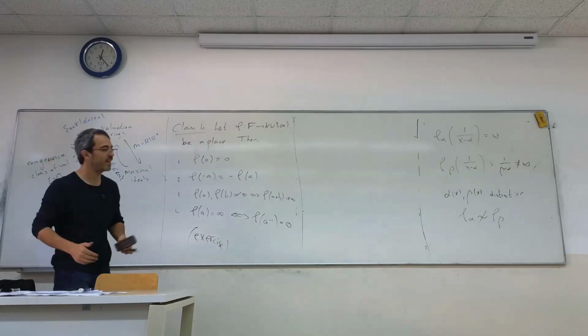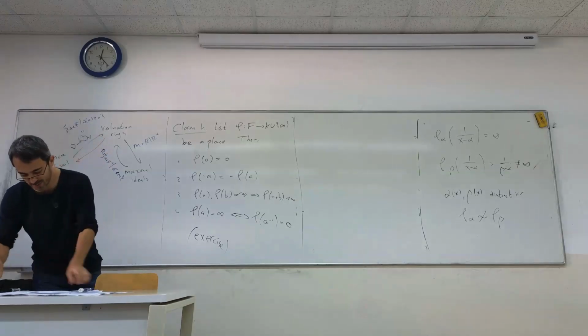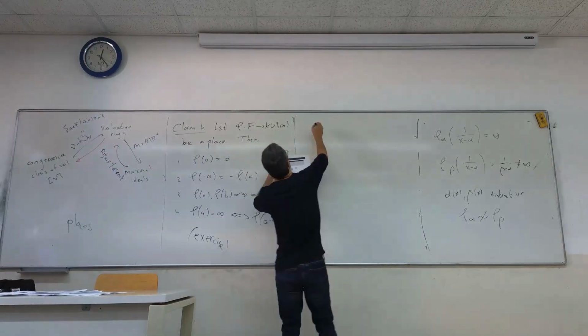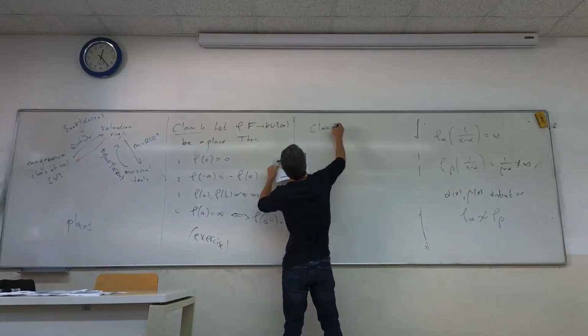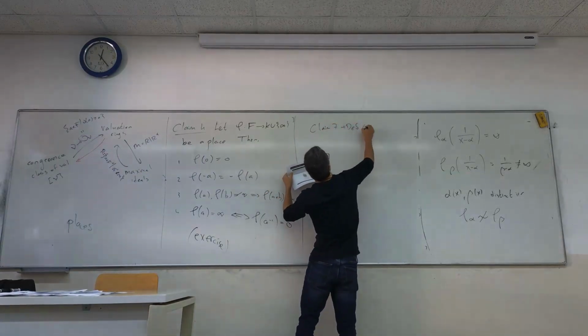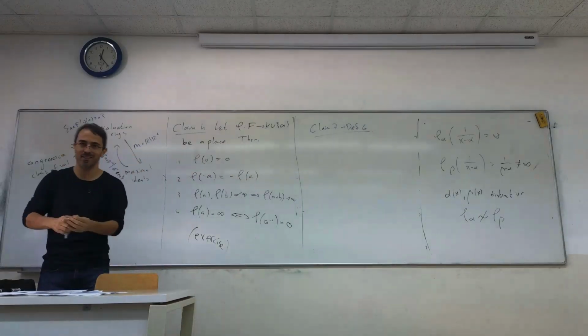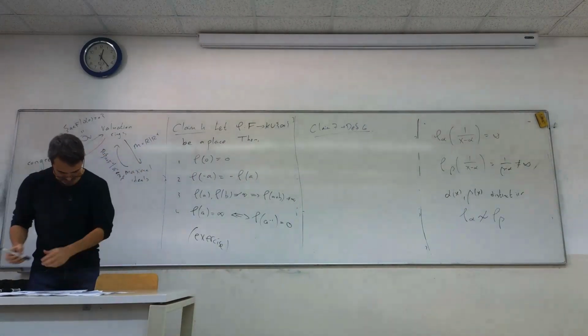So there is a definition and a claim. I'm just going to combine them together because it should have been like that from the get-go. So claim 7 plus definition 6. It's a definition you can only make once you have the claim. Anyhow, you'll see.